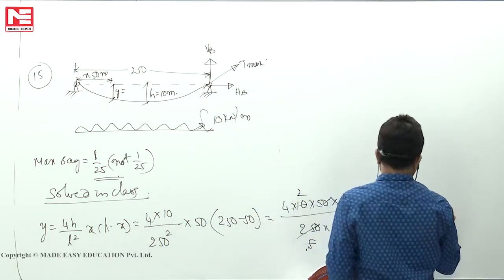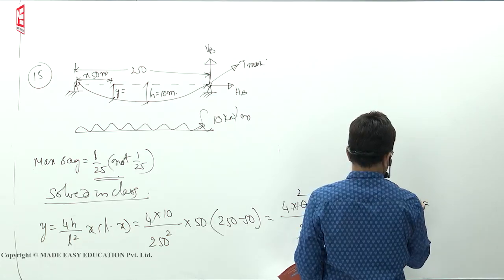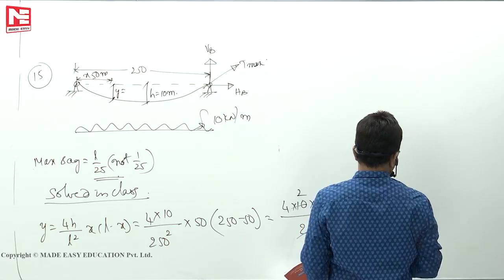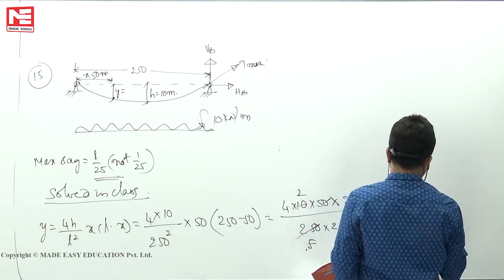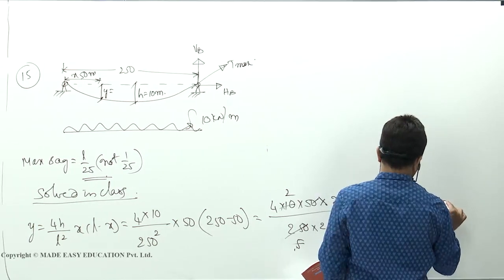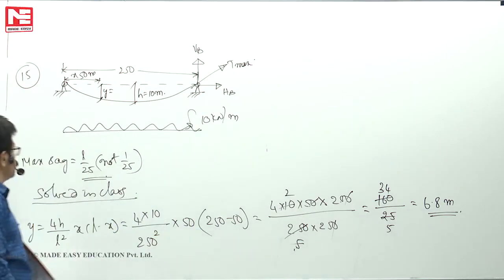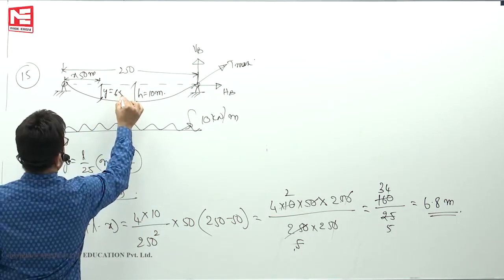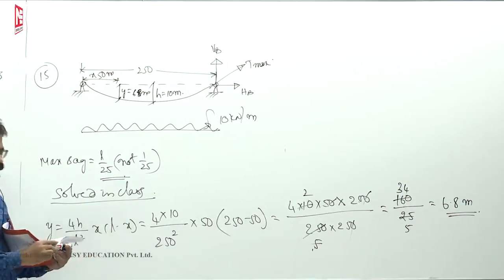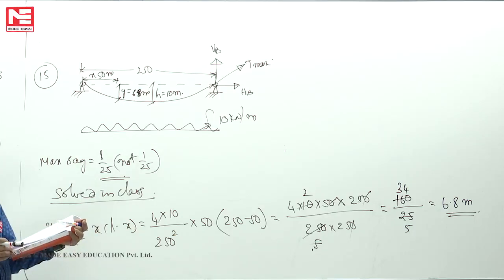Now if we take 34 by 5, 6.8 meters. So the sag here you will get is 6.8 meters. It is not linearly varying, it is a parabolic one. Okay, so the sag is 6.8 meters.